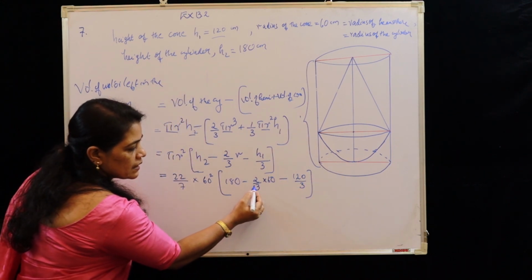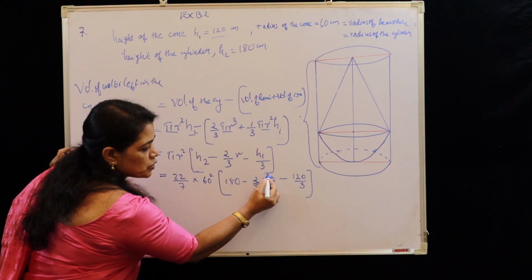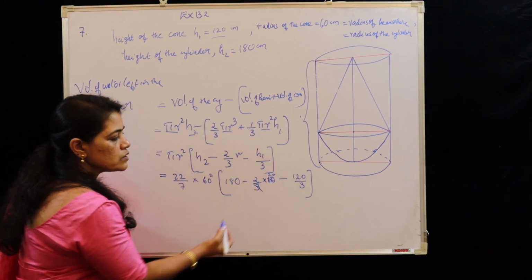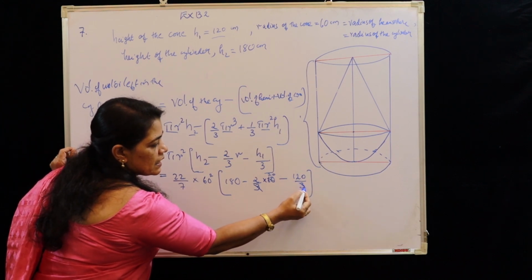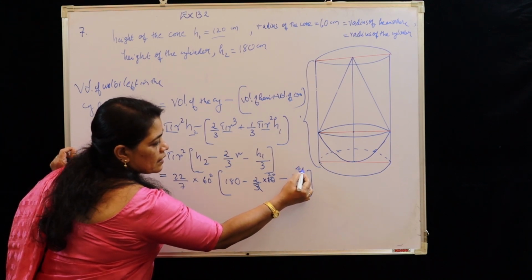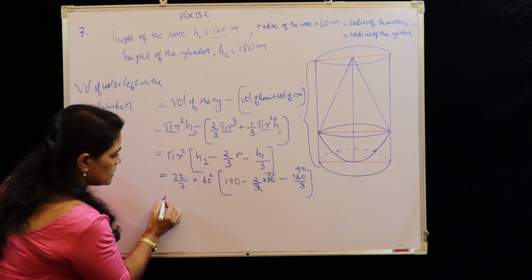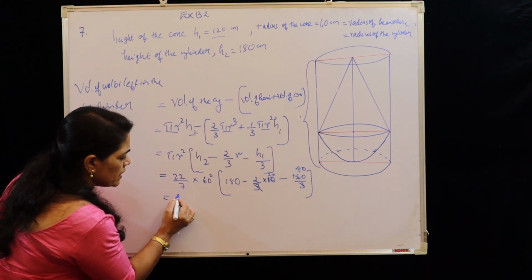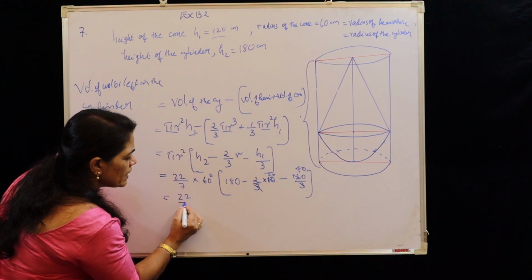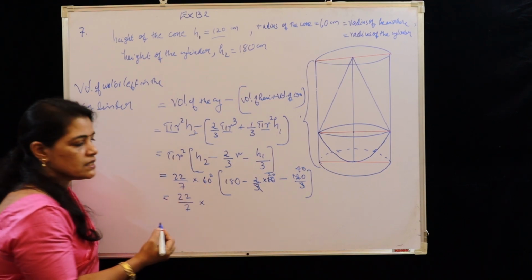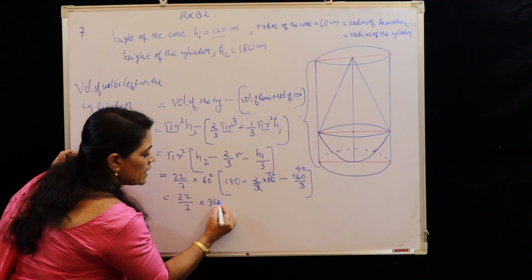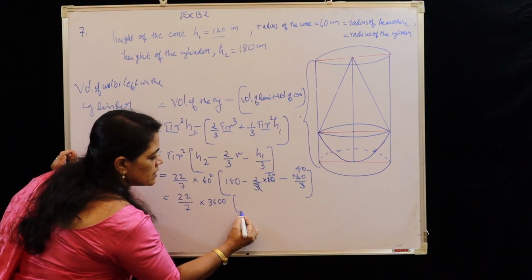See children, here this 3 into 60 is 20 times. So 2 into 20 is 40. Here 3 into 120 gives 40. Inside the bracket, before that we can solve this area also. 22 by 7 into 60 square, 60 into 60 is 3600.